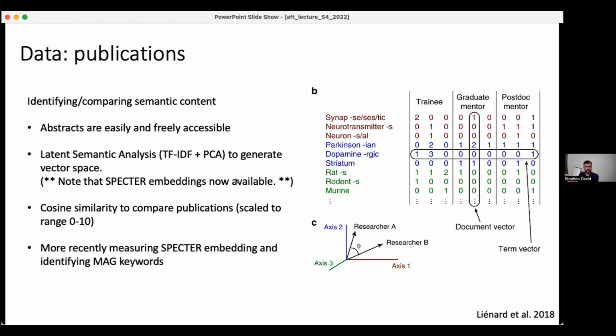But in an abstract sense, you can assign a vector to each paper, capturing the position of an individual publication in this high dimensional space. You can average across individual researchers and have some representation of individual researchers based on the semantic content of their publications.